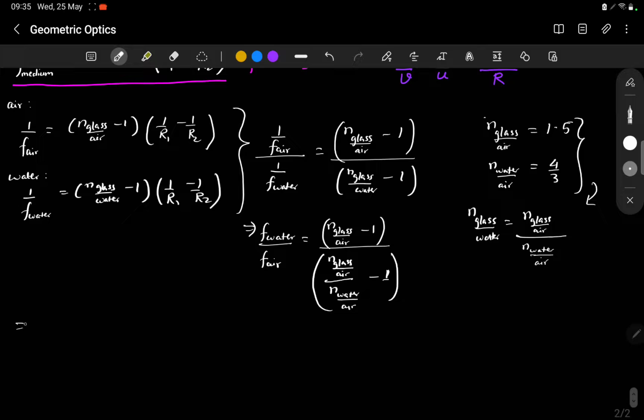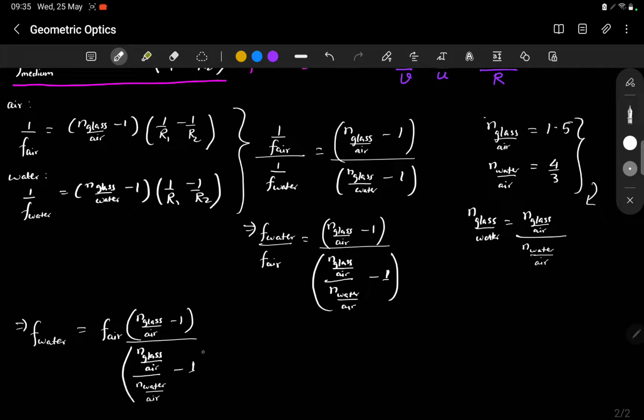Further simplifying gives us what we want. We want the focal length in water. Now substituting the values, we will get the final answer.